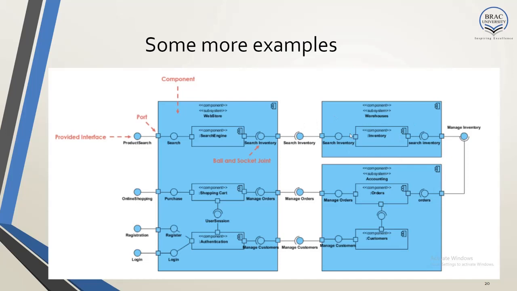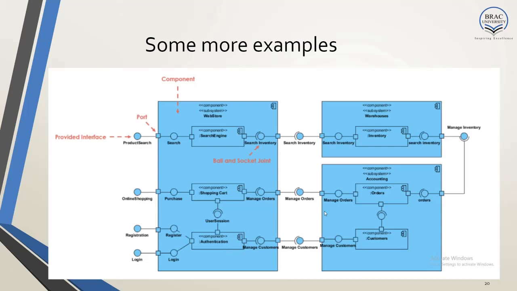Again, our authentication component provides the registration and login functionalities to its external environment, but in order for it to work properly, it needs to be able to manage the customer. So it requires the manage customer interface, which is being provided by some other component, the customer component.